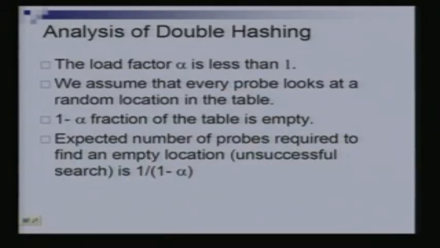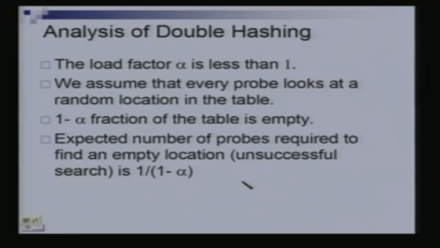So roughly after 10 trials I will hit an empty location, because only 1/10 of the table is empty. So if 1 minus alpha fraction of the table is empty, then in an expected sense 1 over 1 minus alpha probes are required before I hit an empty location and declare it to be an unsuccessful search. So this is the expected number of probes required for an unsuccessful search.